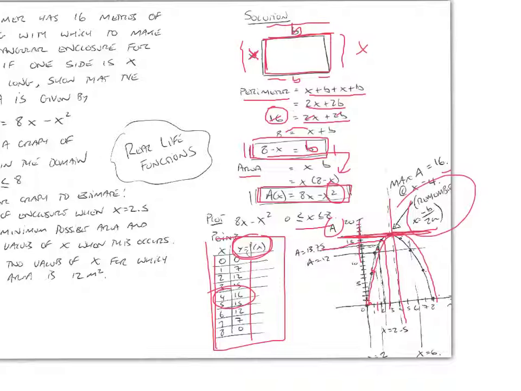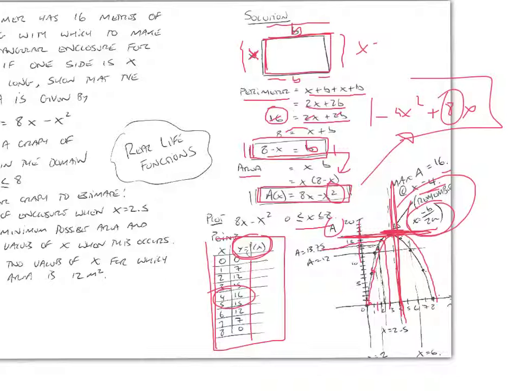If you remember, we can find that maximum turning point by using x equals minus b over 2a, where minus x squared plus 8x is our quadratic. If we just rewrite it, a is minus 1, b is 8, so that would be minus 8 over minus 1 times 2, and that's x equals 4 if we were to plug that into the equation. So that's the value of x where you get the maximum area.